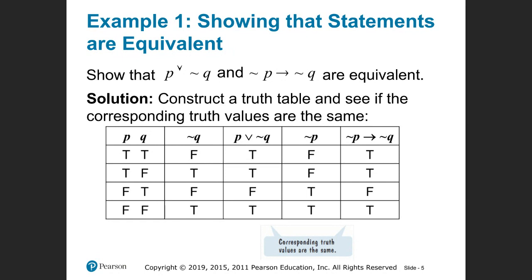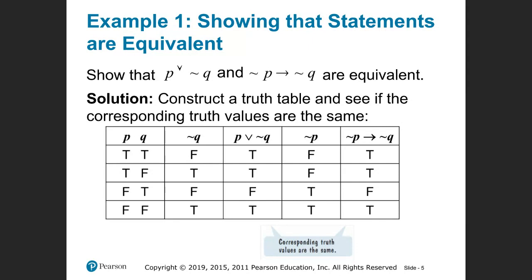We have P and Q, two different statements, so that tells us that we have 4 rows for our truth table. We write those down. And for the first compound statement, we're going to need the negation, not Q, so we're going to have that in the second column. And then we're going to look at P or not Q.